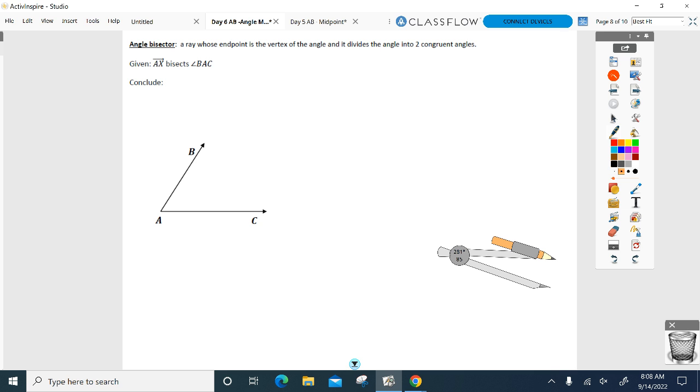First, up on top, draw yourself angle BAC. We're going to do a construction on the one I gave you. Just draw me angle BAC, please. Then I'll show you how to construct this.